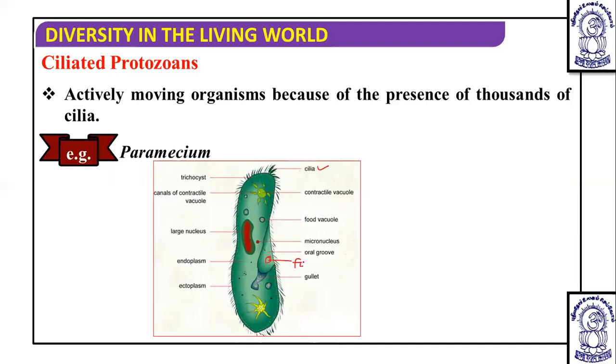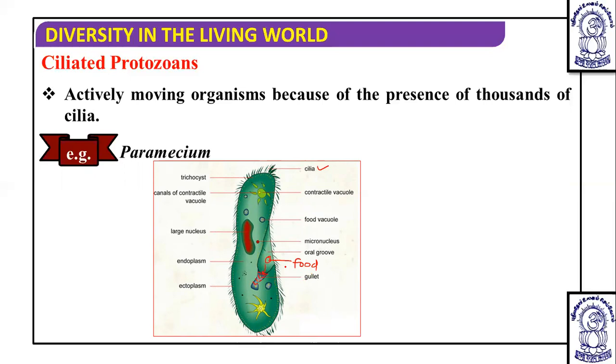Suppose this is a food particle. This food passes inside into the gullet. There are cilia like this on both sides, and these cilia steer the food inside. When this food reaches here, that is the coordinated movement of the cilia of the gullet which helps the food pass into the gullet.